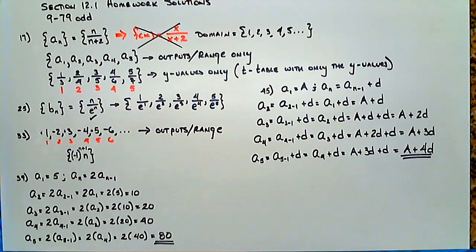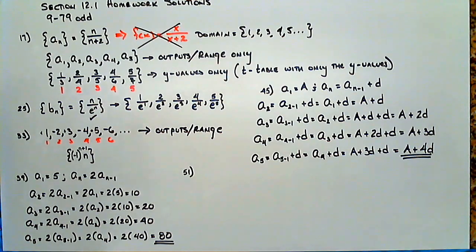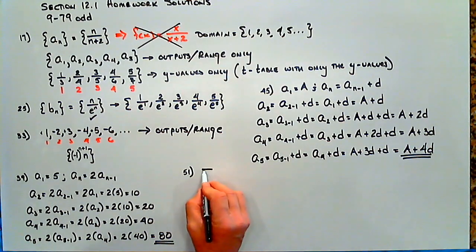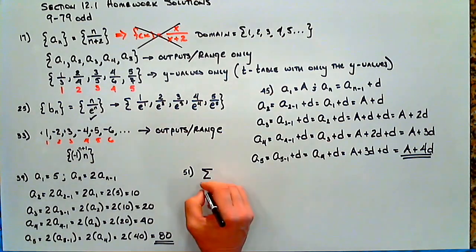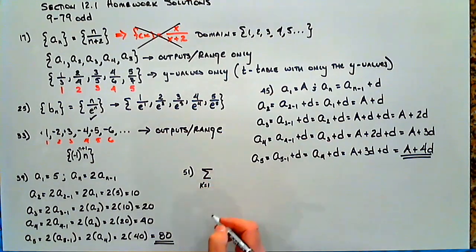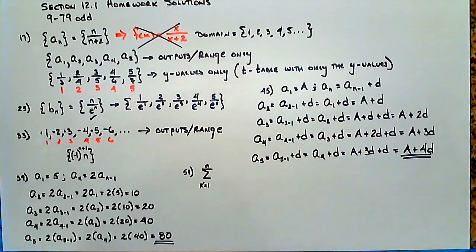Now, what about something like question number 51? Let's take a look at this, because this is where we start practicing our sigma notation. They give us a sigma. Remember, that means to add. Sigma k equals 1 to n. So we don't have a stopping point like 6 where we're going to get an answer.